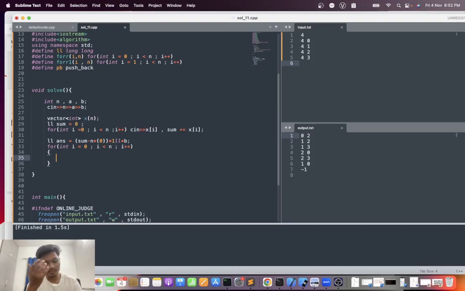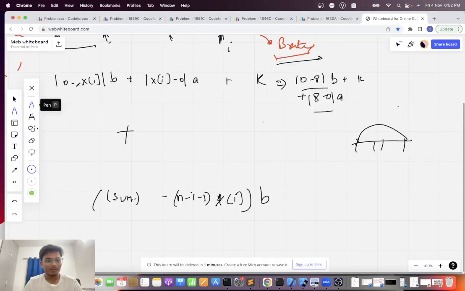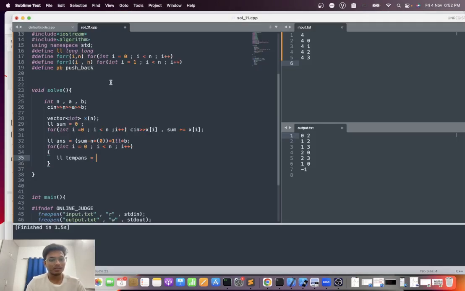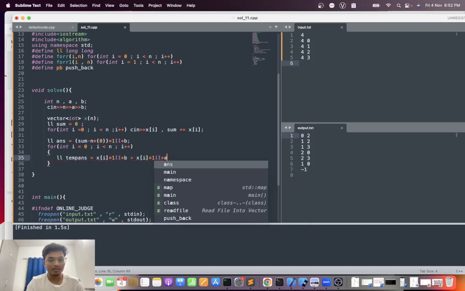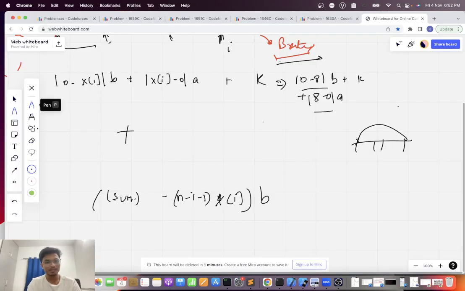Now I'm shifting from each location, so the current answer will be 0 into x of I into b, I need 1 long, same for x of I into a, and will be the sum.